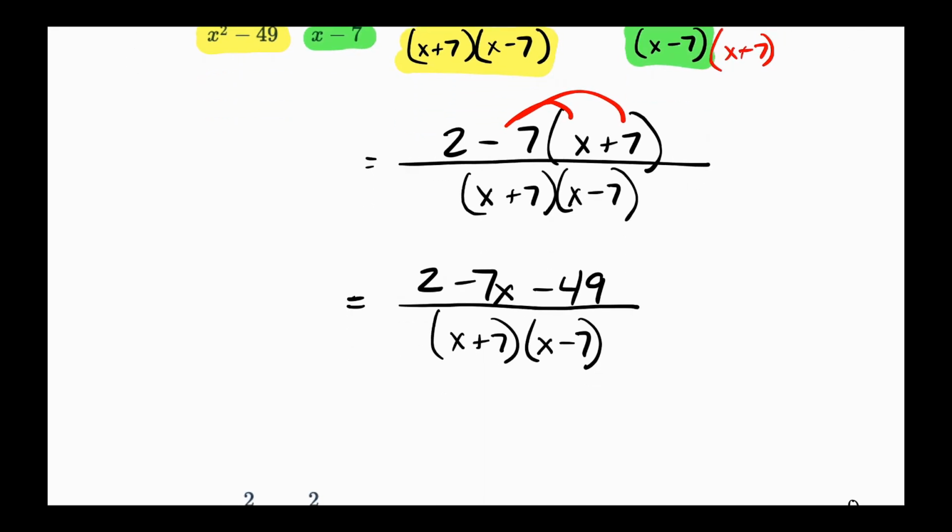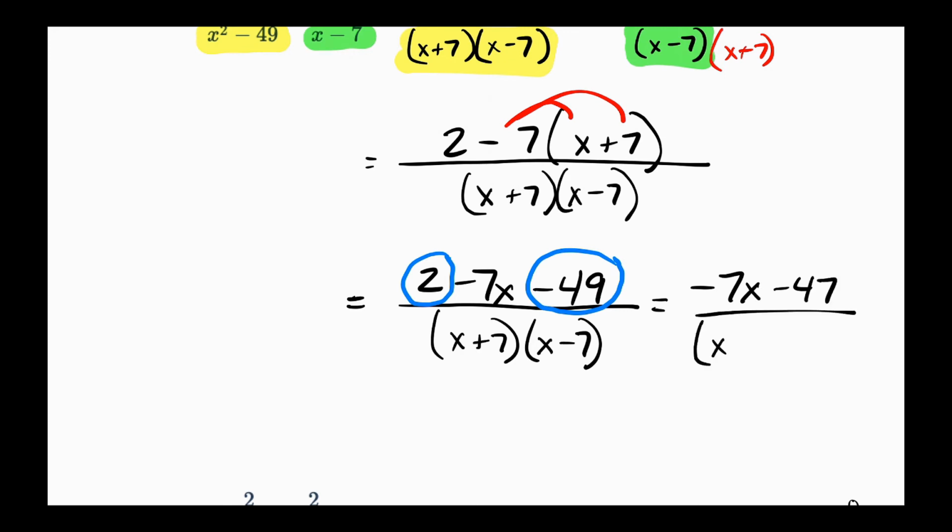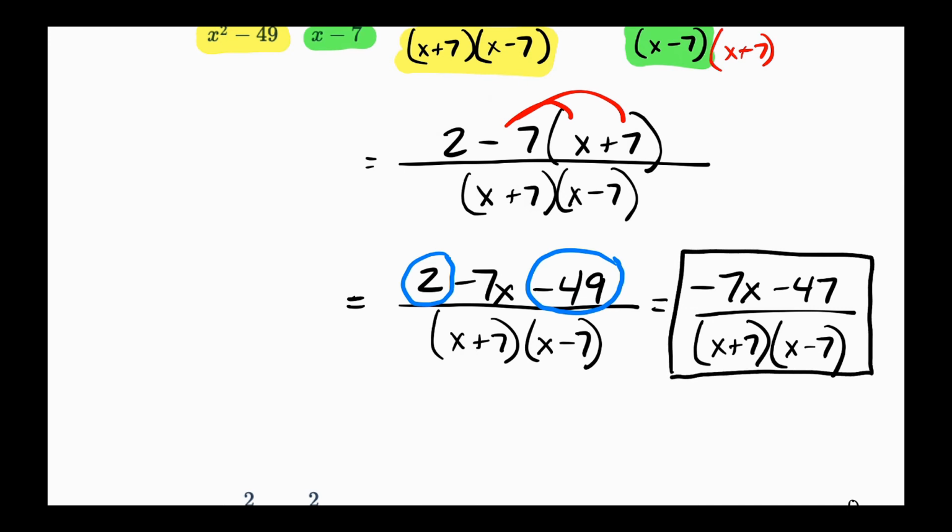Parentheses are gone. We need one more thing to simplify. I have two like terms. Combine those like terms. I get negative 47. Done.